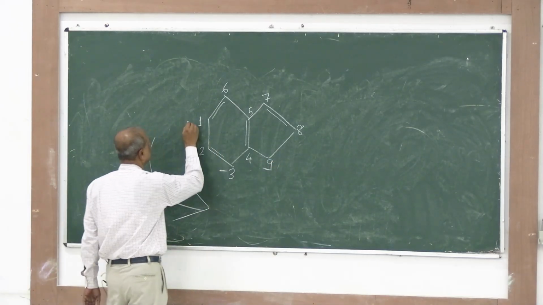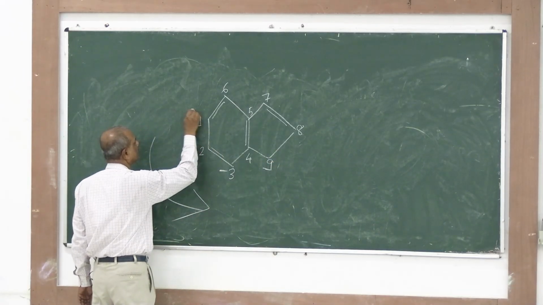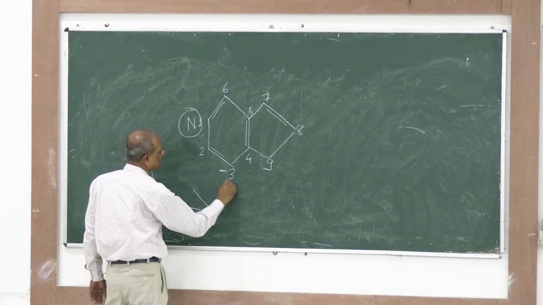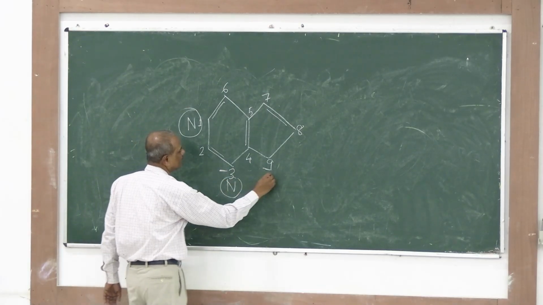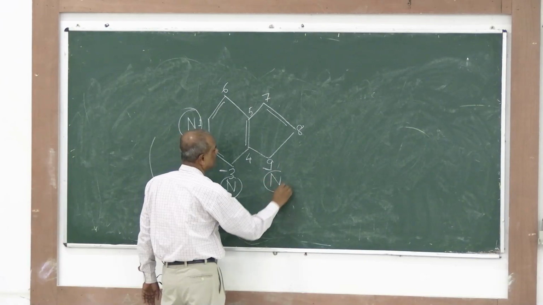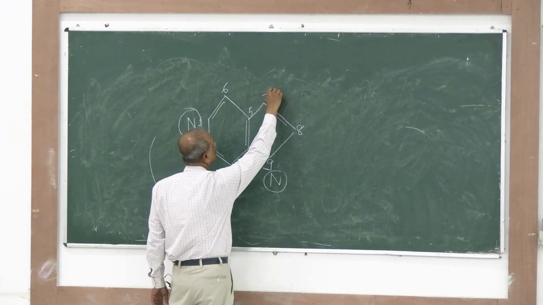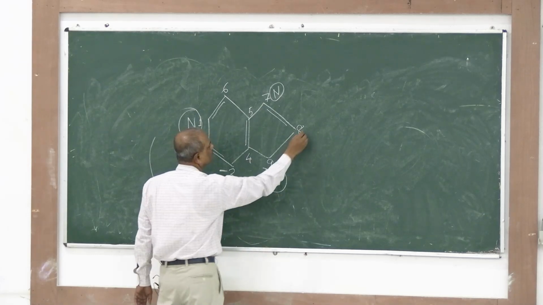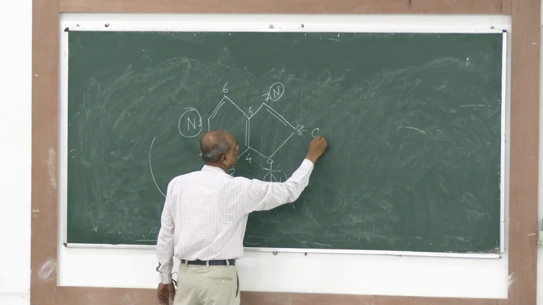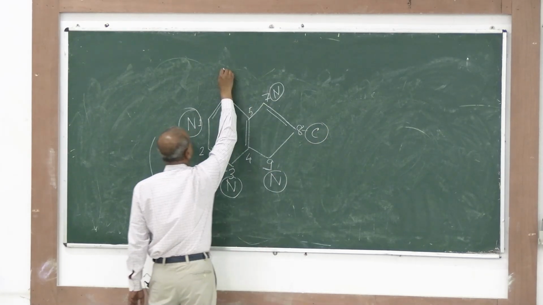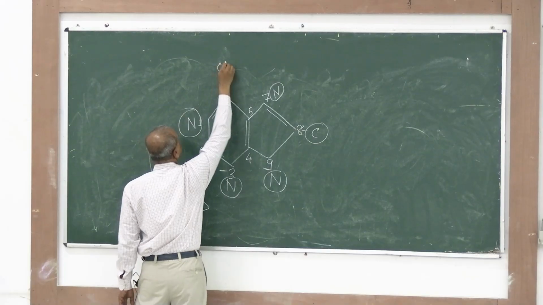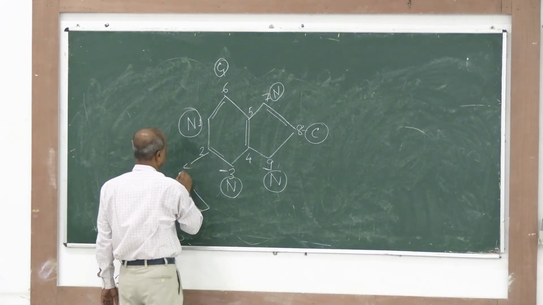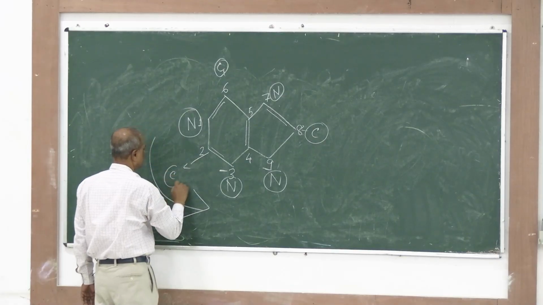At position 1 there is nitrogen. At position 3 there is nitrogen. 9 is nitrogen. Here it is also nitrogen. Carbon is there at the C positions, and at position 2 also carbon is there.